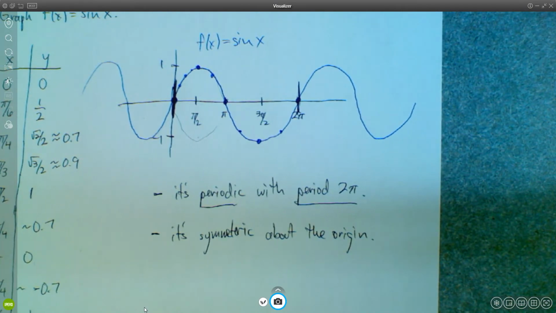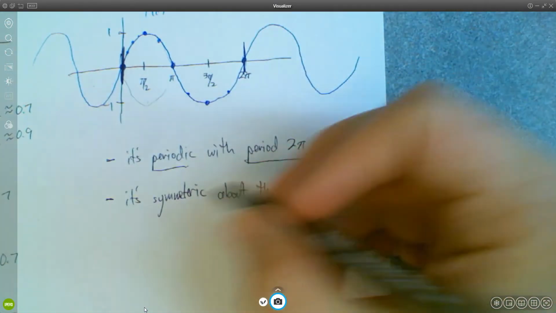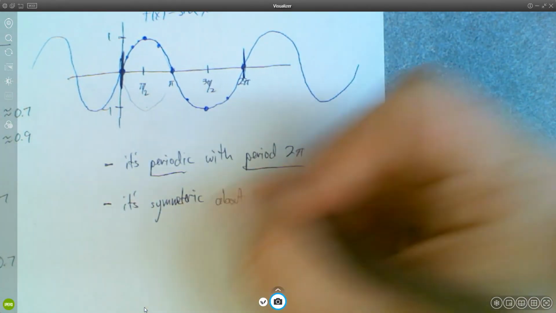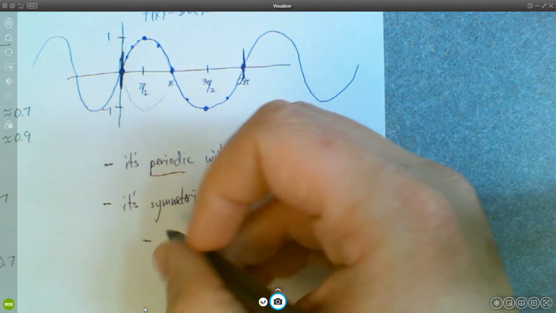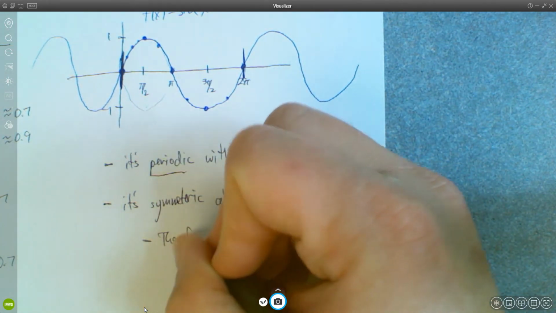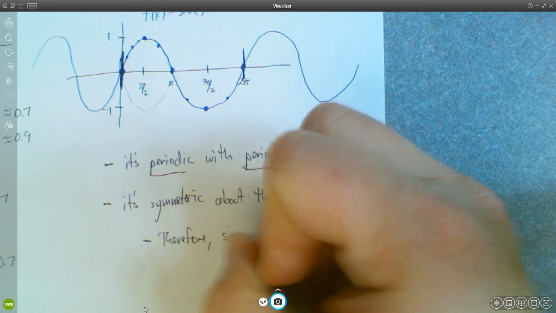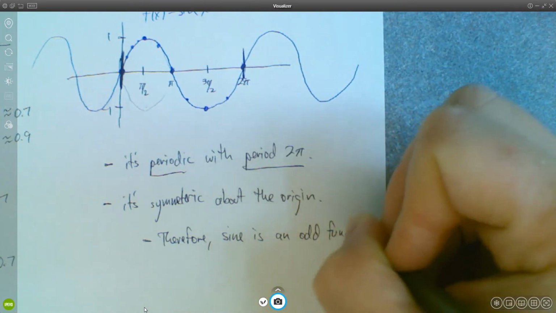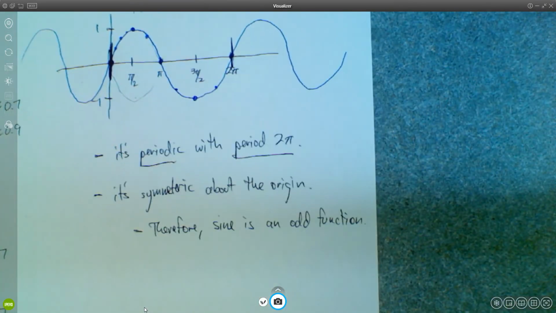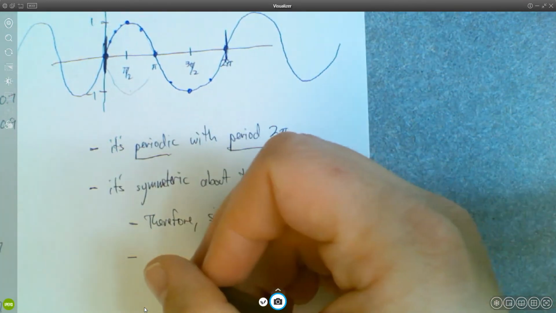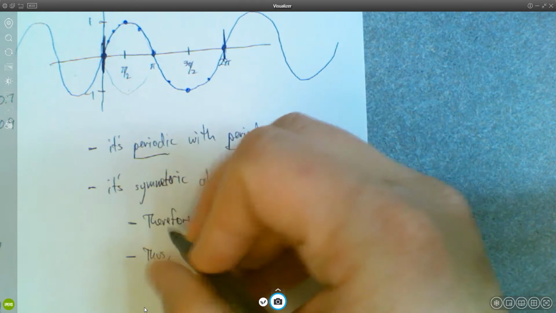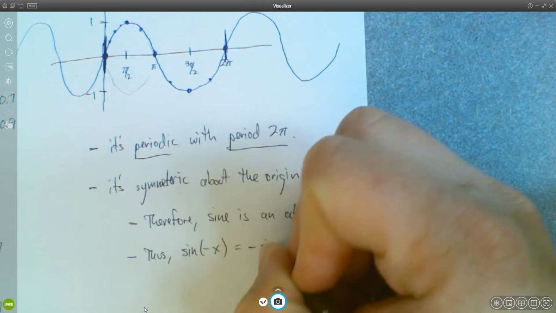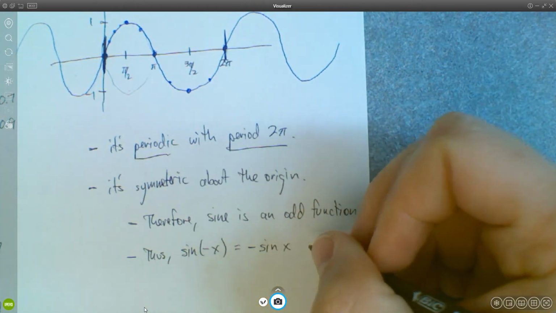Now, if you remember back to your algebra days, symmetry about the origin had a particular name. We called functions that are symmetric about the origin odd functions, right? So therefore, sine is an odd function. Okay? What does that mean? Well, that means that sine of negative x equals negative sine of x for any real number x.